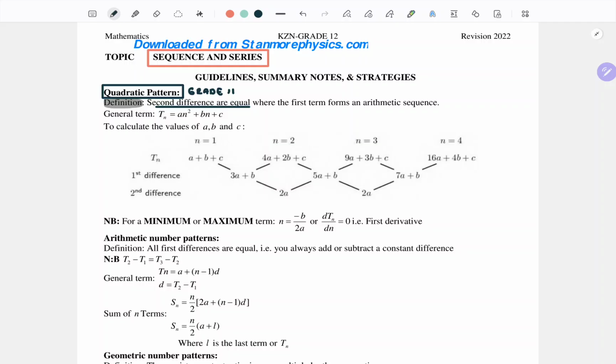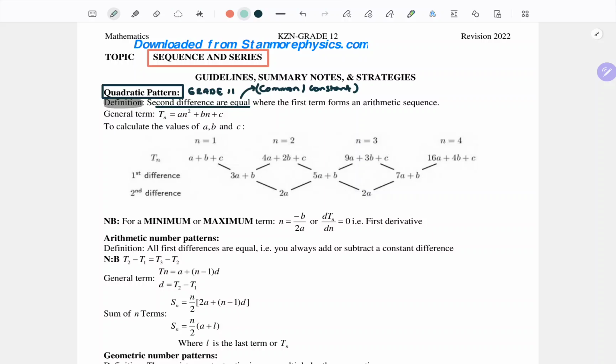We say it's common or constant, depending on who compiles the document. These words can be used to describe the state of the second difference.